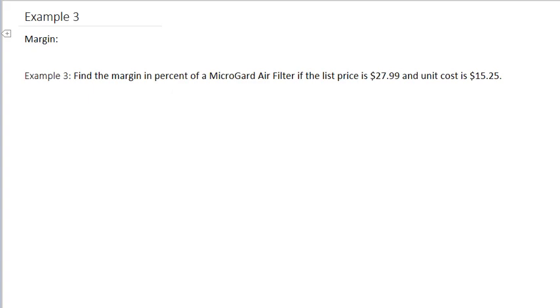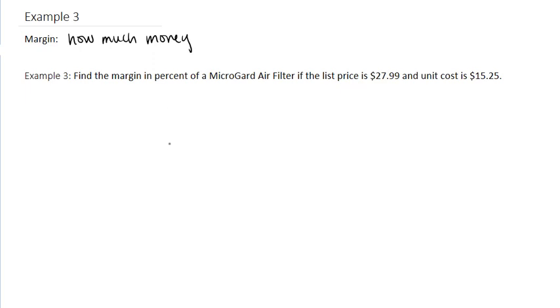But this time, we're going to look at margin. So our margin is how much money is made off the item. So example 3, find the margin in percent of a MicroGuard air filter if the list price is $27.99 and the unit cost is $15.25.